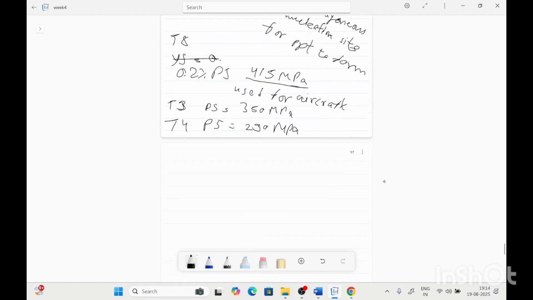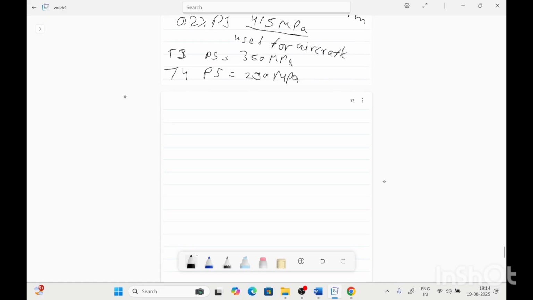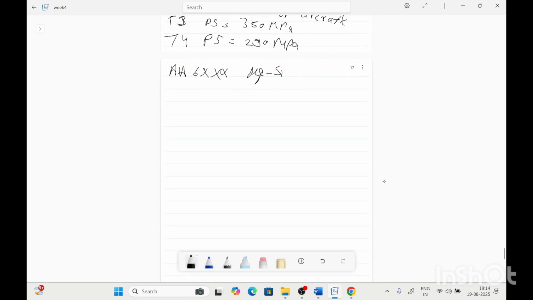Then the next alloy is the 6XXX series alloy, in which magnesium and silicon are present as the alloying elements.